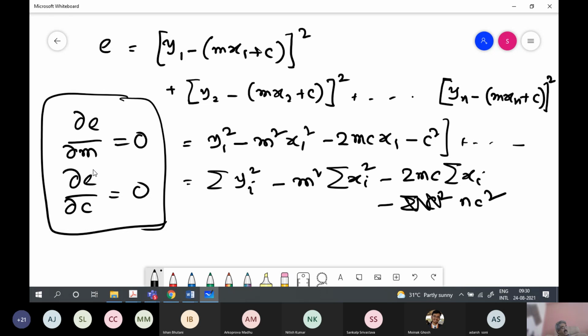This is the error expression. Now you differentiate with respect to m and c. You will get two equations, and if you solve in terms of sigma yi and sigma xi, you can solve for m and c. Two equations, two unknowns, m and c. Right? This is the way to do it. Correct?